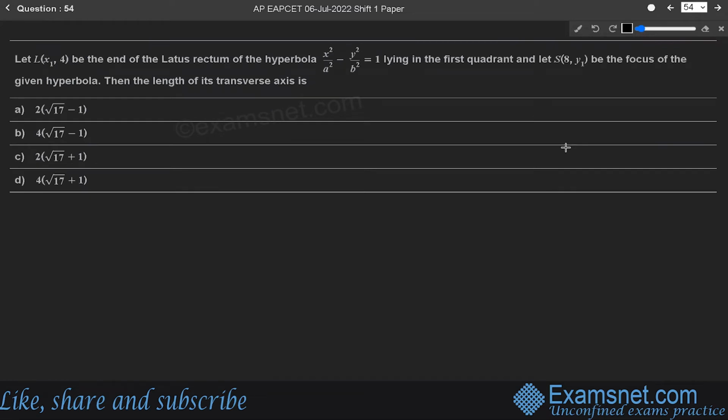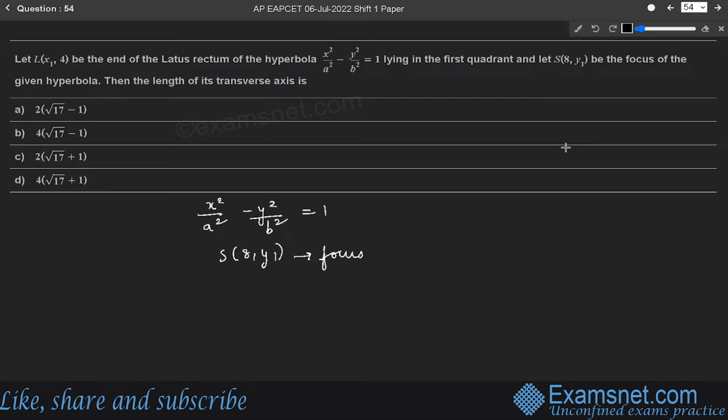Next question is, let L x1 comma 4 be the end of the latus rectum of the hyperbola x square upon a square minus y square upon b square is equal to 1 lying in the first quadrant, and let S 8 comma y1 be the focus of the given hyperbola, then the length of its transverse axis is.